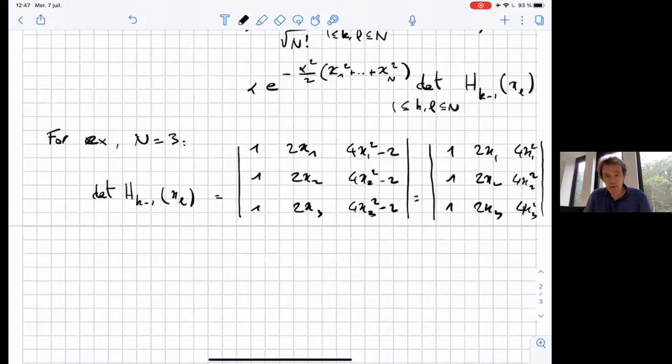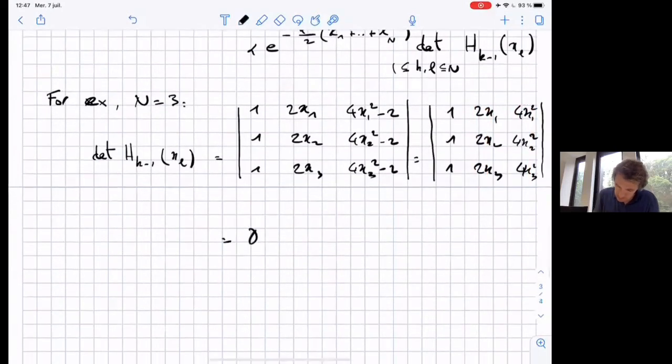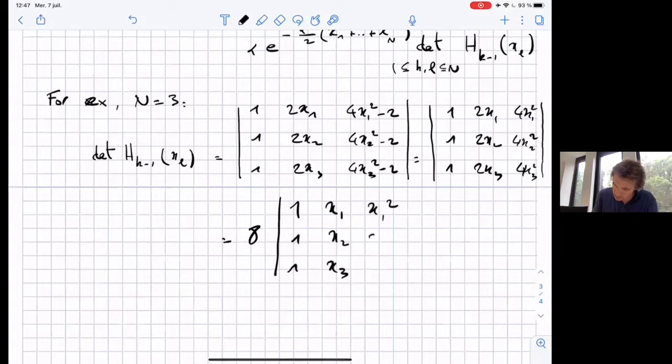Right, but now I can easily get rid of this 2 there, this 4 there. So 4 times 2 is 8. Very nice. And eventually I just get this determinant: 1, 1, 1, x1, x2, x3, x1 squared, x2 squared, x3 squared.